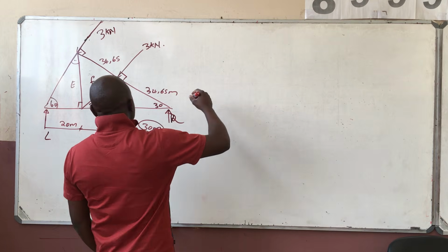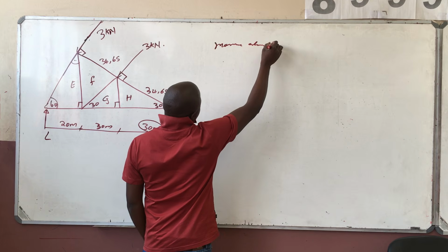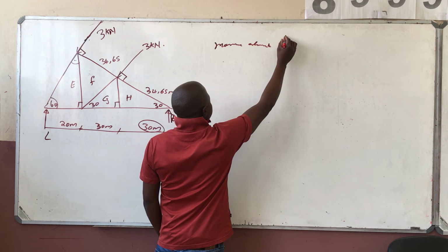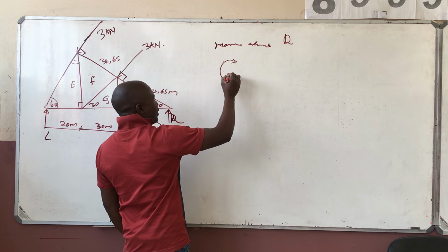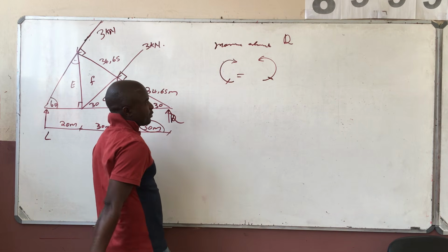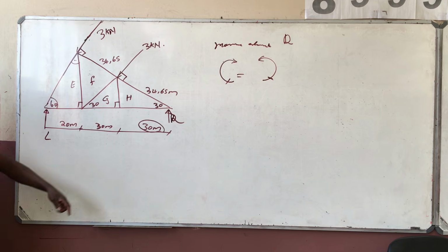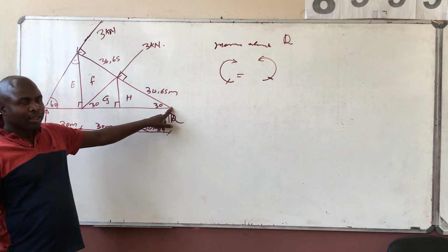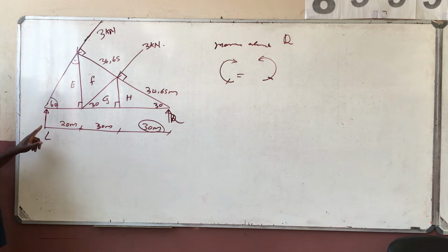When we take moments about R, the sum of clockwise moments is equal to the sum of anti-clockwise moments. At R, which forces push our beam clockwise?